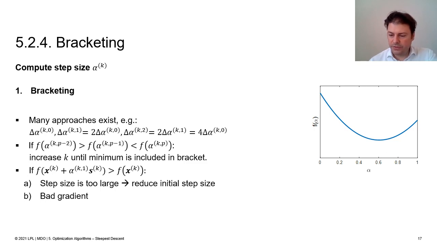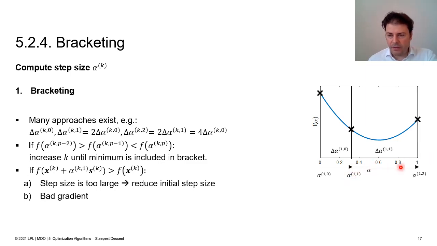So when you think of a problem like shown here on the right hand side, and you specify alpha 10 as the point in the design space where your design xk is located, then you can specify a candidate interval by adding a position alpha 1,1, and then adding another interval of double size, thus creating 3 design points that you can evaluate.